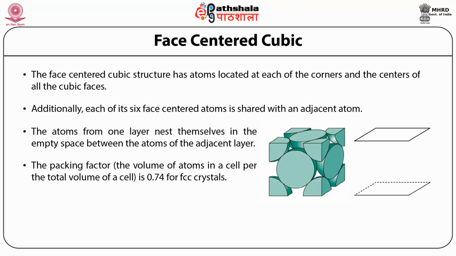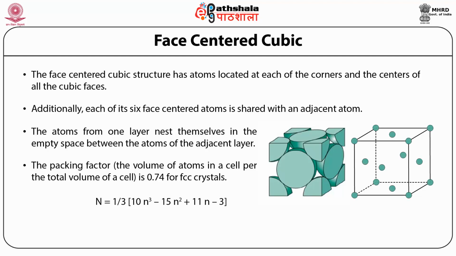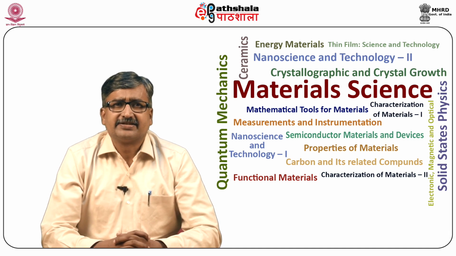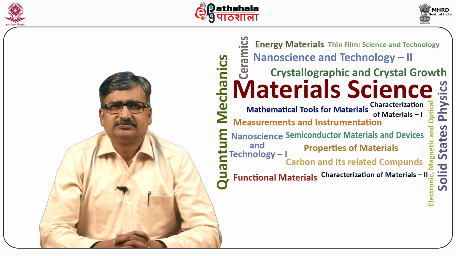If there are n layers, then the total number of atoms will be given by the formula here: N is equal to 1/3 (10n^3 - 15n^2 + 11n - 3). And the number of atoms on the surface will be N_surface equal to 10n^2 - 20n + 12. Let us discuss the energy bands.